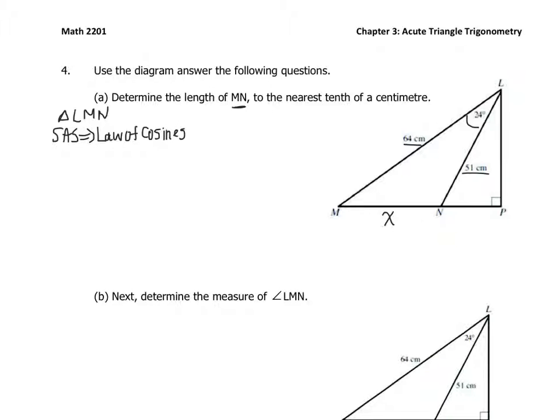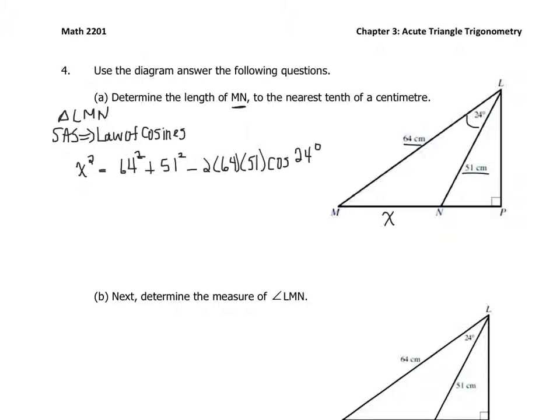So law of cosines, we're looking for a side length, and the side length squared would equal the other two sides squared and added together, and then minus twice the product of those two sides times the cosine of the angle across from the side we're looking for, which is the angle contained between the two sides we know.